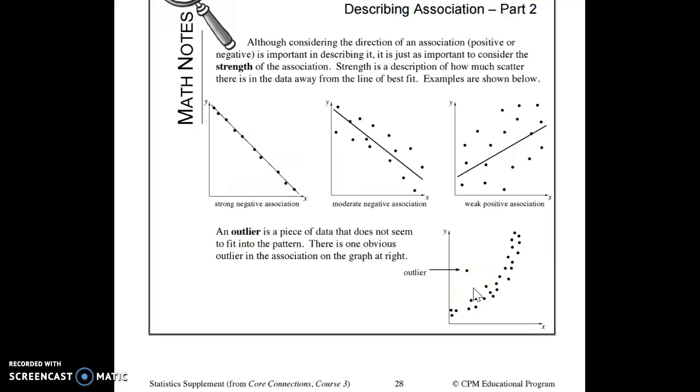And there would be a mathematical definition of what makes something an outlier, but you do not go into that in 8th grade. So I think that is about it for the vocabulary associated with the first 2 standards.